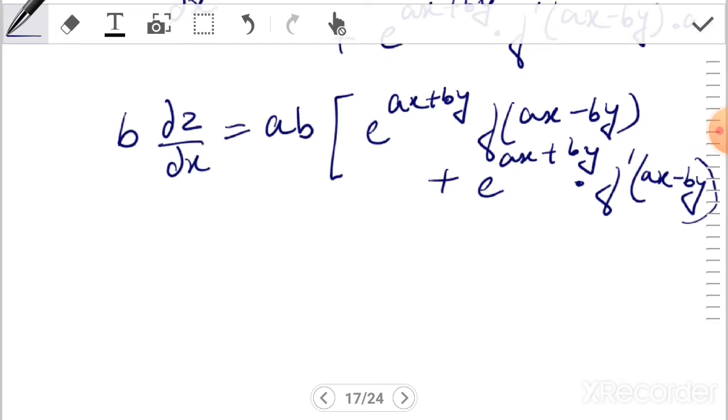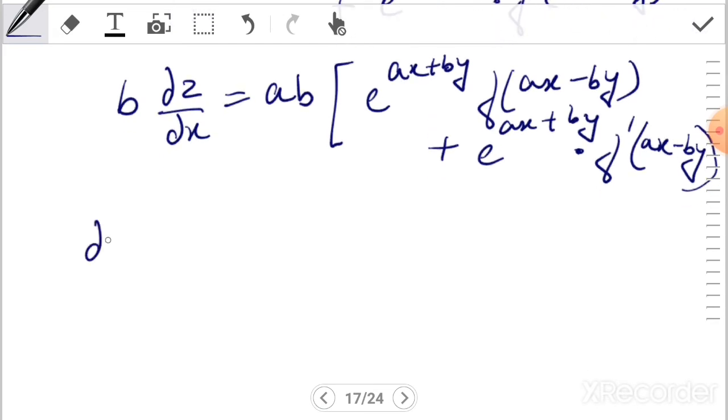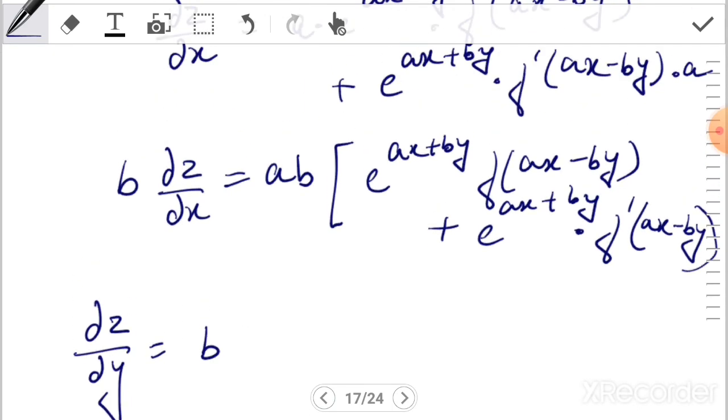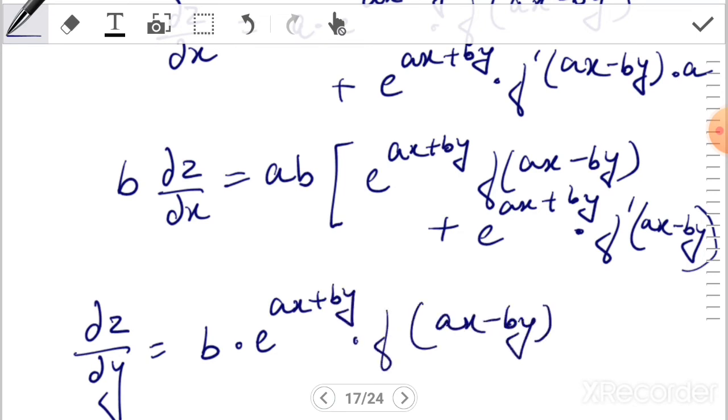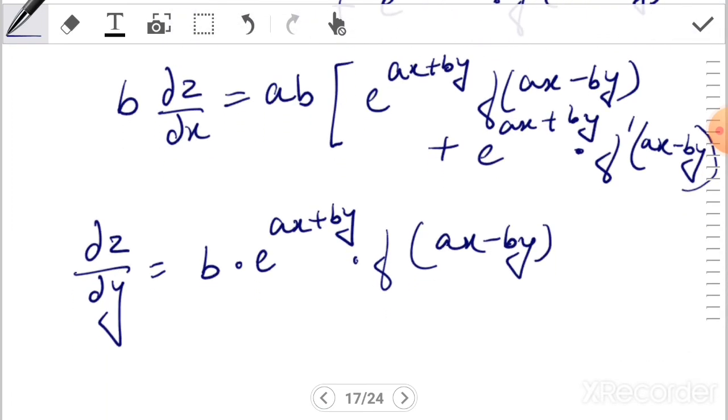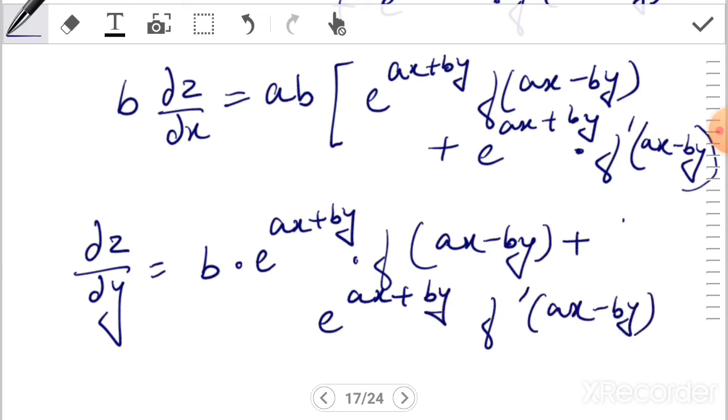Now del z by del y, we have b e to the power (ax plus by) f(ax minus by) plus e to the power (ax plus by) f dash (ax minus by) into minus b. So this will be minus b.